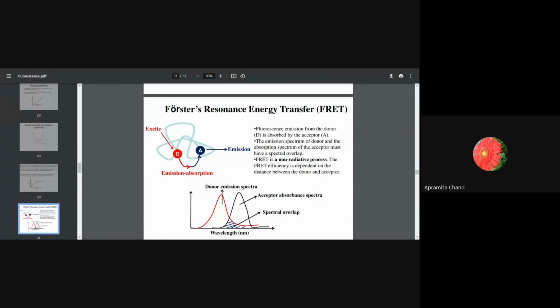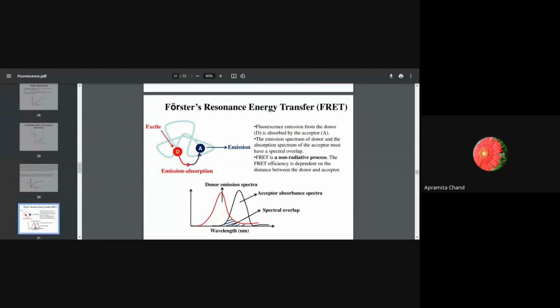Now we have talked about FRET, so just remember the concept very briefly. FRET is known as Förster Resonance Energy Transfer. It is a non-radiative process. Here the fluorescence emission from the donor is absorbed by the acceptor.